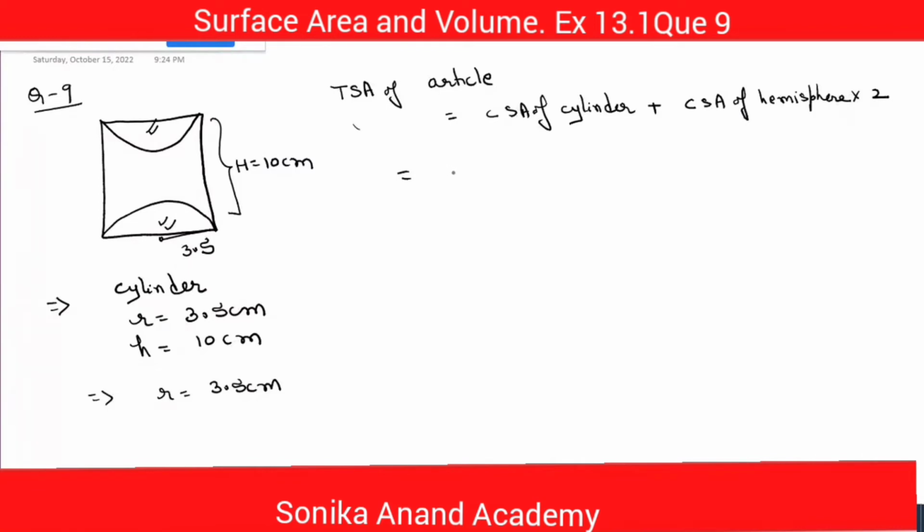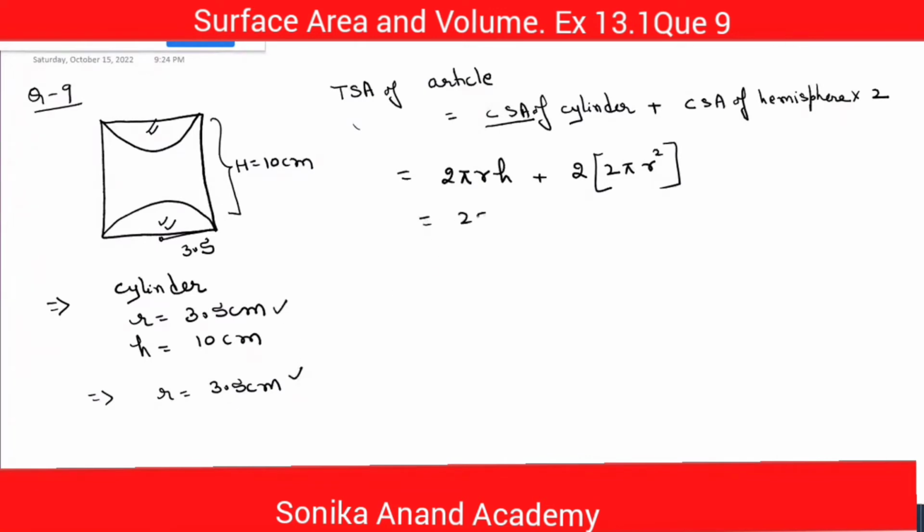Tell me. For cylinder, it's 2 pi r h. Yes, it is CSA, curved surface area. And then for hemisphere, it's 2 pi r square. Now radius is the same in both of these cases.